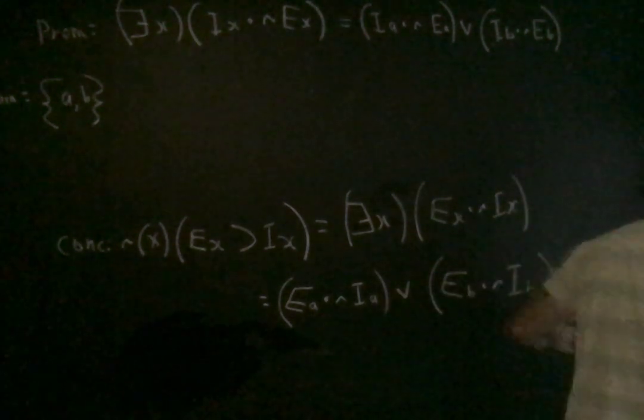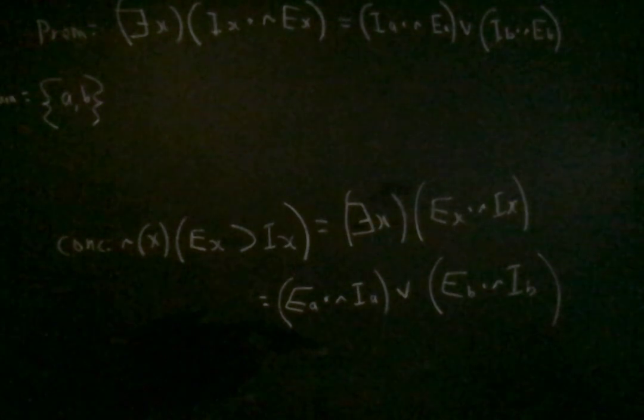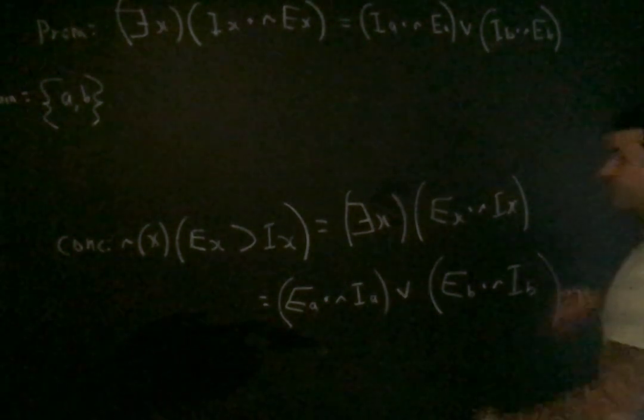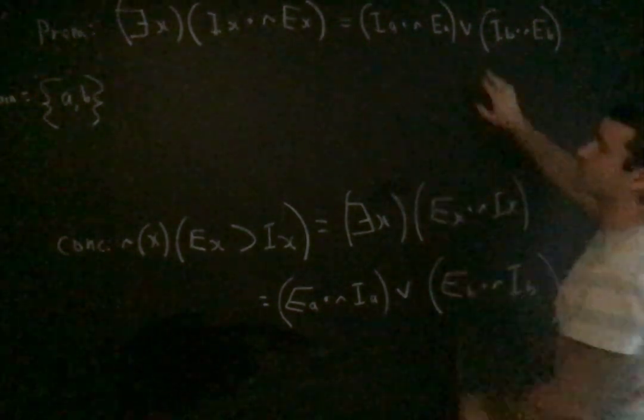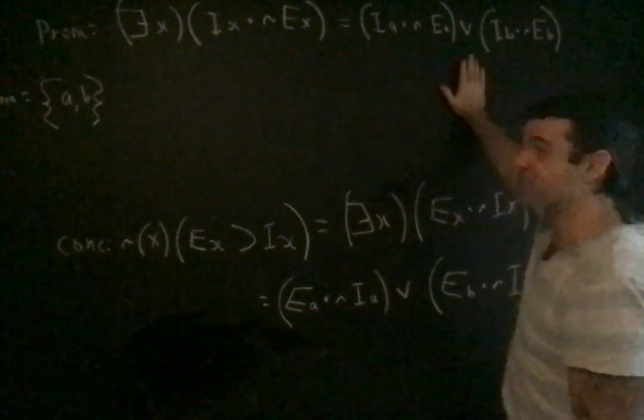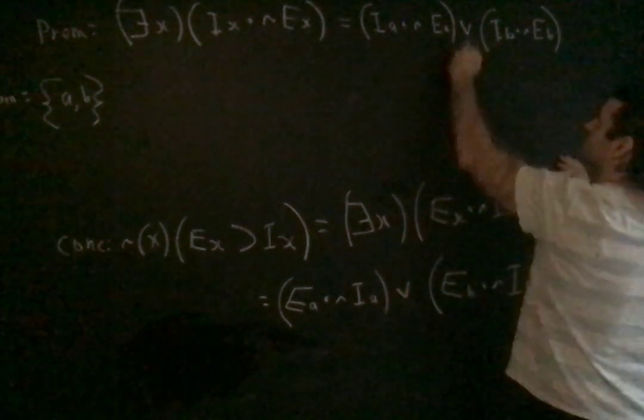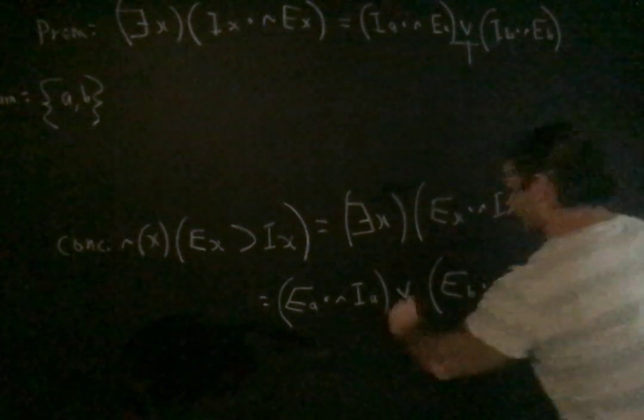Now it's pretty straightforward. All you do is give me a list of, right, this is the premise, this is the conclusion. What do we want? We want the premise to be true, the conclusion to be false.